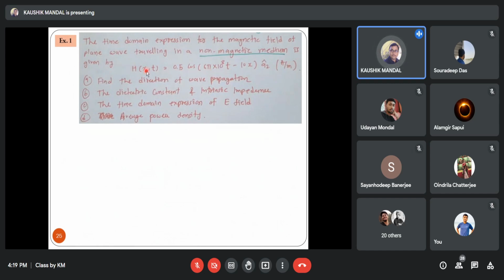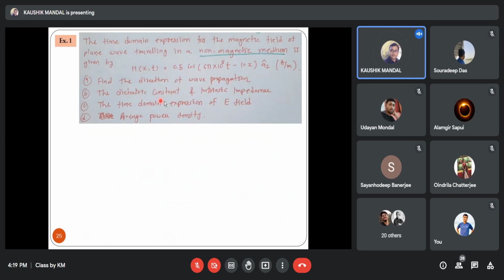Now the equation of the magnetic field is given as H(x,t) equals 0.5 cos of this, in the direction Az. Okay, it is not Ax or Ay, rather it is Az, and it is X. Now find out the direction of wave propagation.